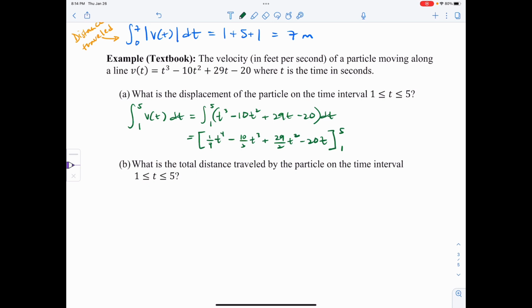But you would do this evaluated at 5 minus that evaluated at 1. So we should end up with 32/3.